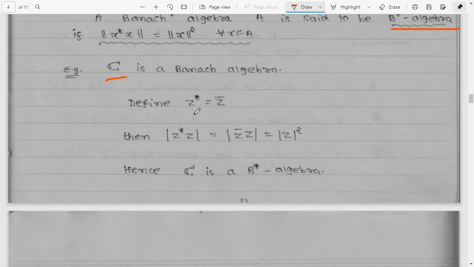We define z star is equal to z conjugate, and mod z star into z is equal to mod z conjugate into z, but z conjugate into z is equal to mod z whole square, hence C is a B star algebra.